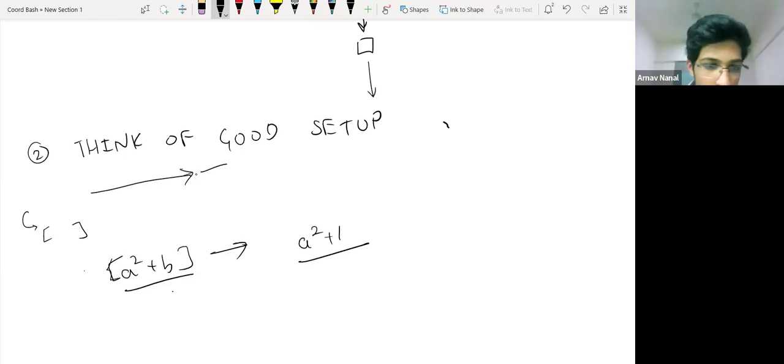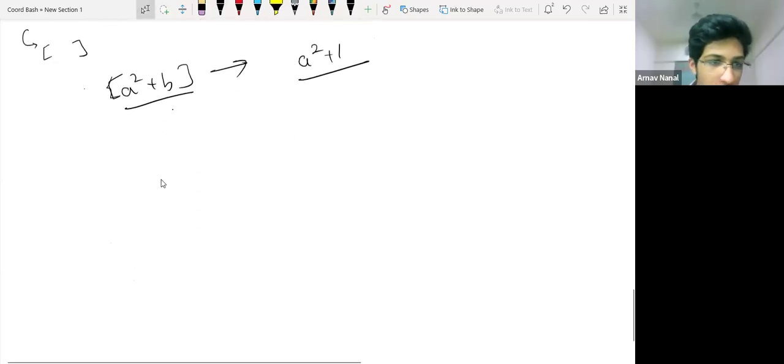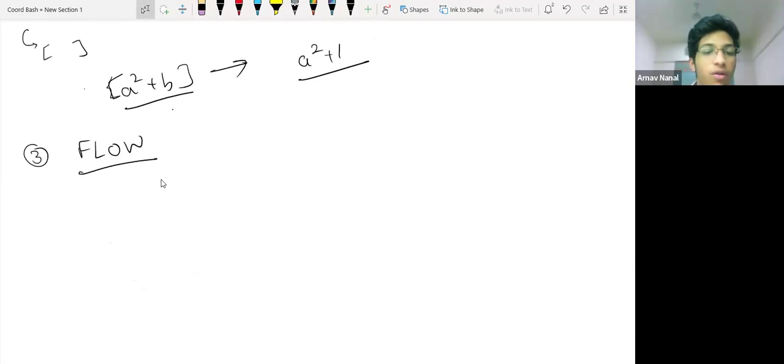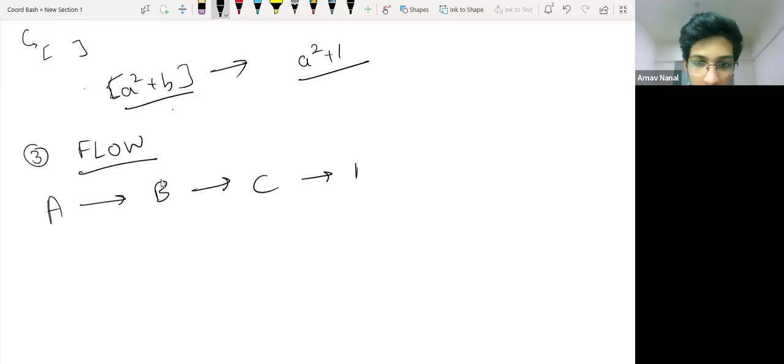Okay. And the third thing is what I like to call the flow of the problem, the flow of the bash. By flow, what I mean is how do you go about calculating? How do you go about proving it? You need to plan your bash efficiently. Let's say there are some steps: you will calculate A, then you will calculate B, C, D, and so on.